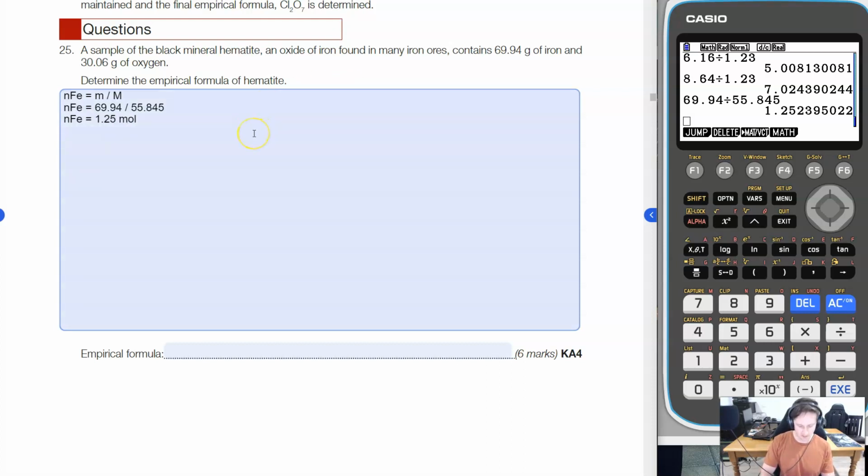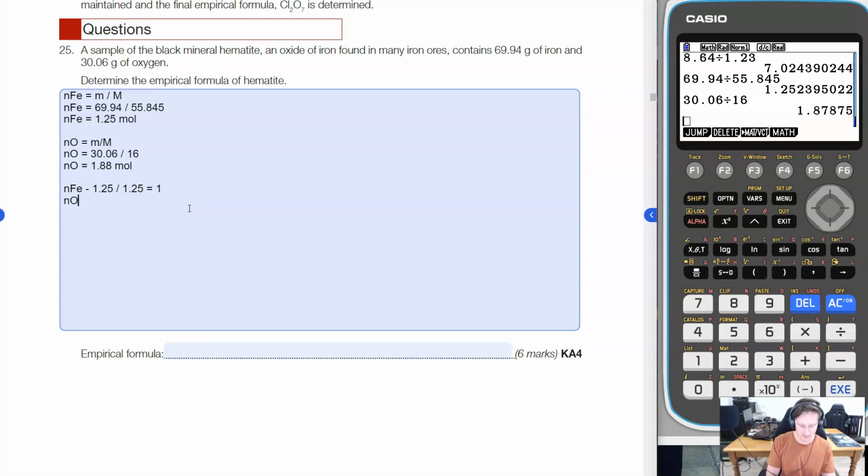And then the number of moles of oxygen is equal to mass divided by molar mass. Moles of oxygen is 30.06 divided by 16. So that's 1.88.